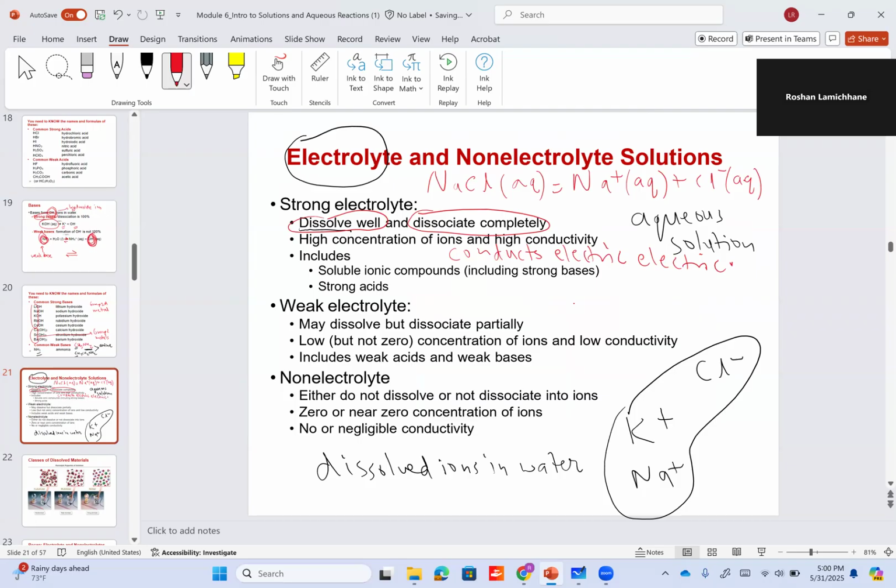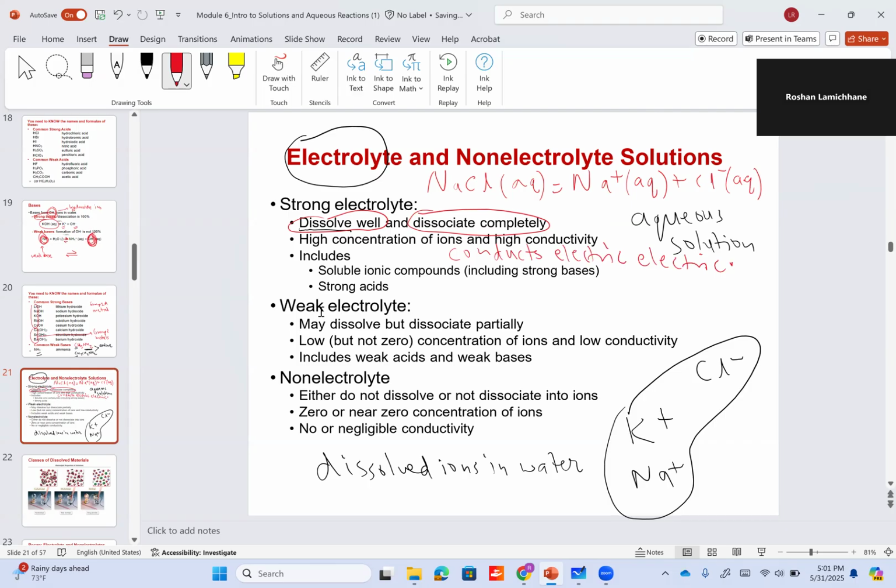And the last and most important one: examples of strong electrolytes are soluble ionic compounds, strong bases, and strong acids. In the next 3 or 4 slides, we will learn how to determine whether an ionic compound is soluble or not. But all soluble ionic compounds are considered strong electrolytes.